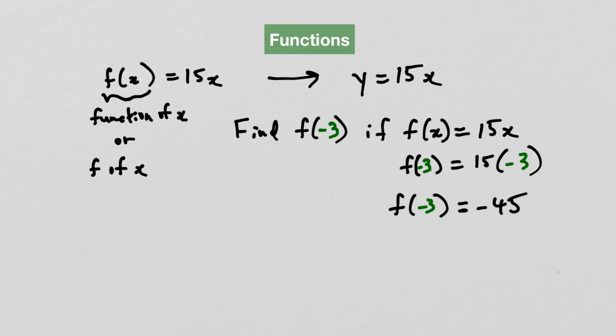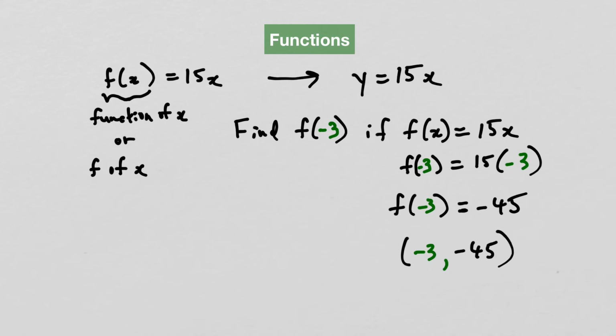So what we have here is a coordinate, right? Whenever you put in an x of negative 3, its y equivalent is negative 45, okay?